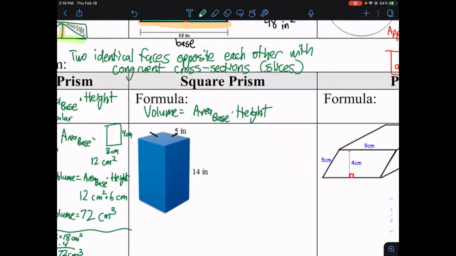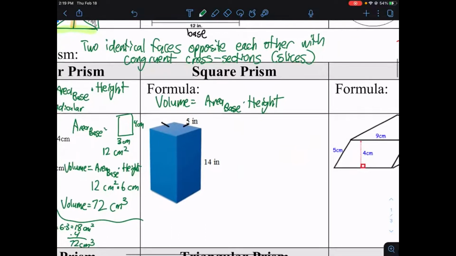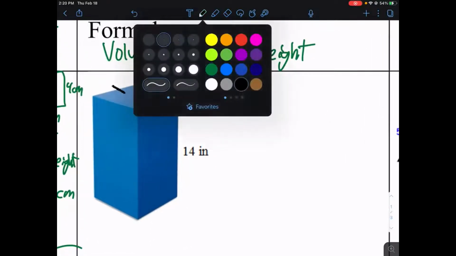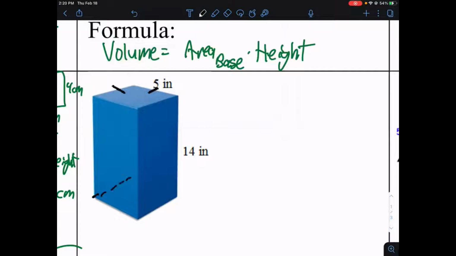Okay, so you actually do it the same way, right? You first find the area of the base, in this case a square, and then you multiply it by the height. So again, if we could see through this shape, it would look something like this.